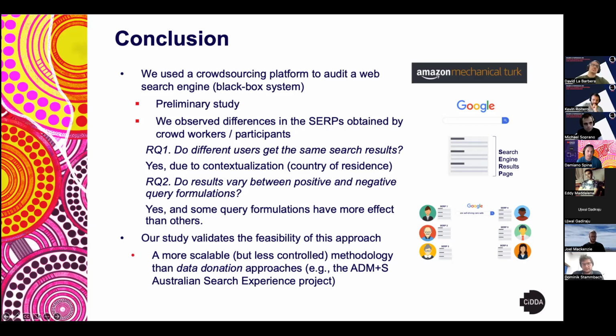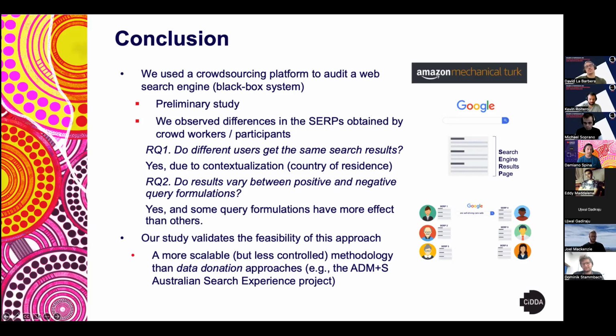For instance, at the Centre of Excellence, we had a project, the Australian Search Experience, where we asked volunteers to install a plugin, and then the plugin runs different queries behind the scenes to collect SERPs.